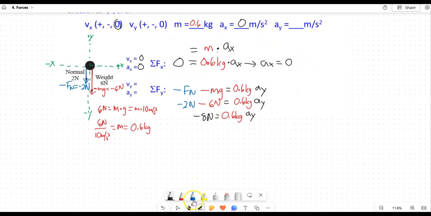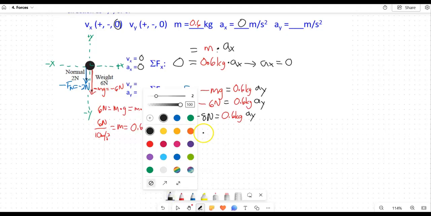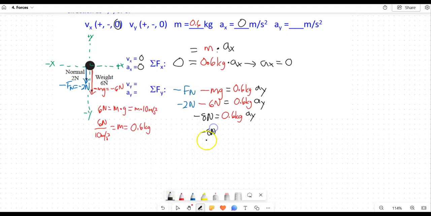So negative 8 newtons divided by 0.6 kilograms is going to be equal to our acceleration.